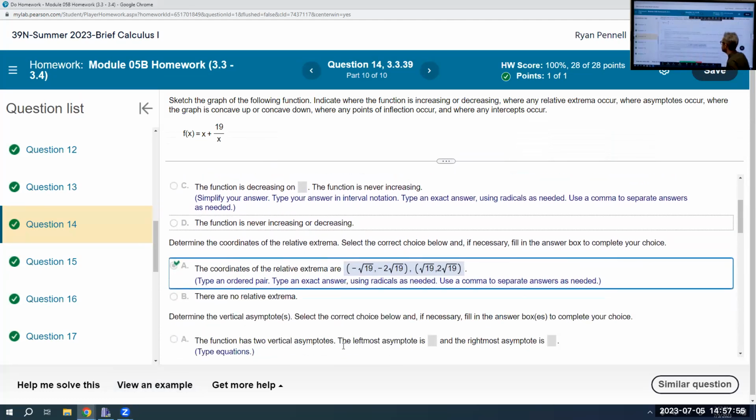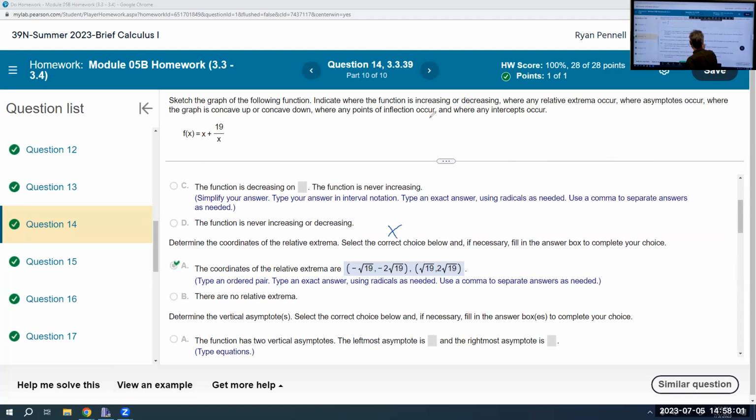Next part says determine the coordinates. Well, that was fairly easy to do. Once I found my x equals plus or minus root 19, we can just plug that in to the original function. That equals.